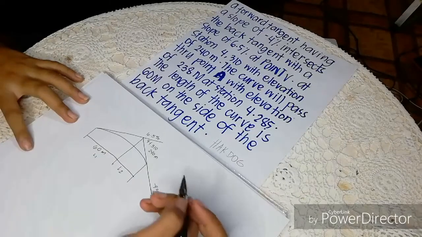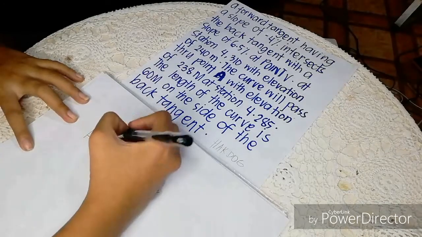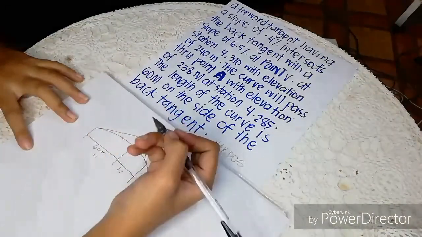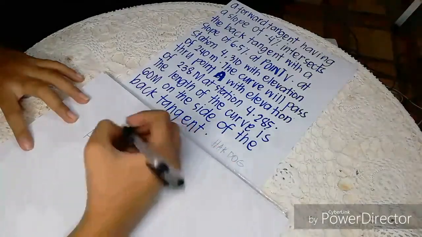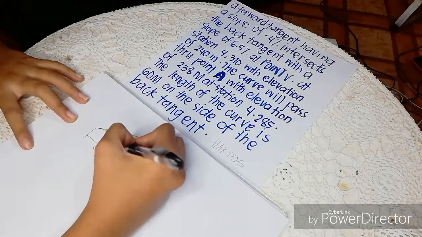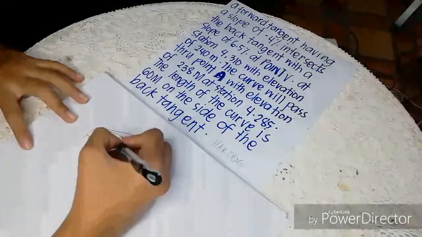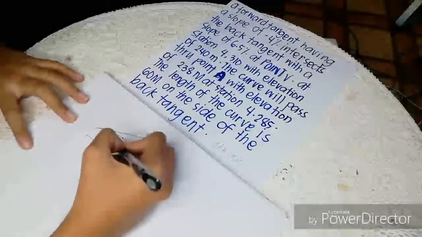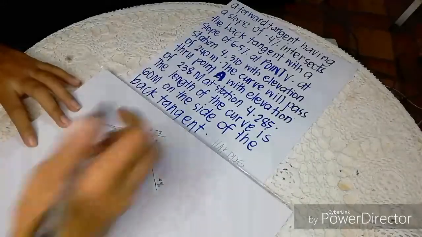So, sabi dun sa curve is may point siya na A with a station of 4,285 and has an elevation of 238 meters. So, yan.